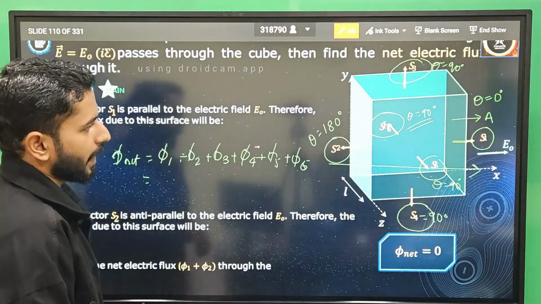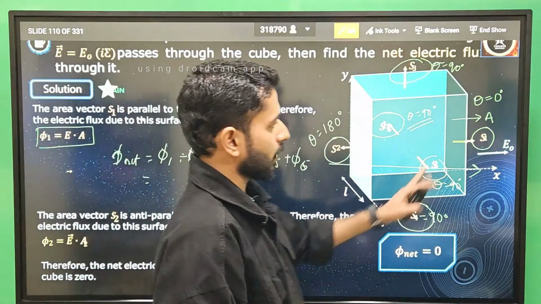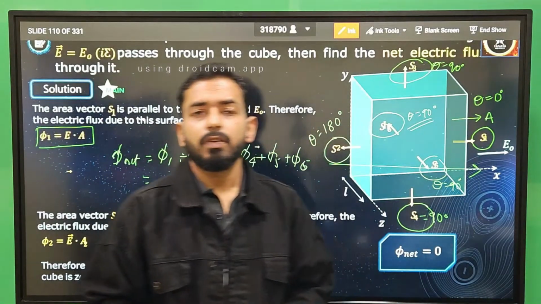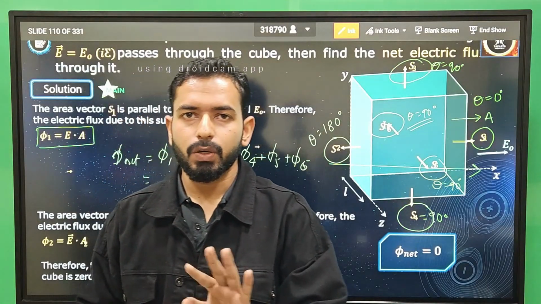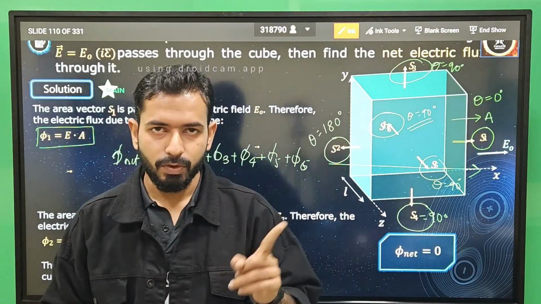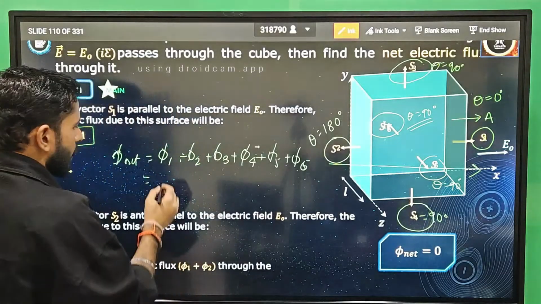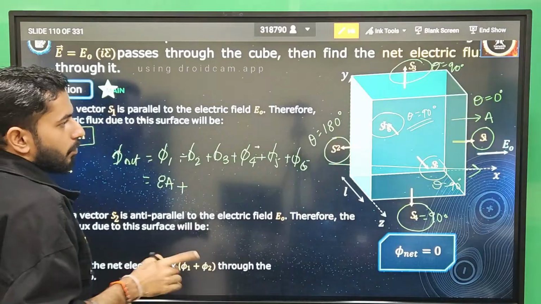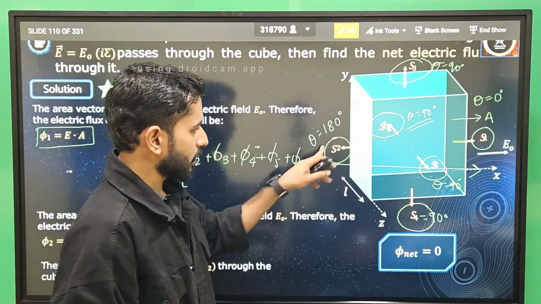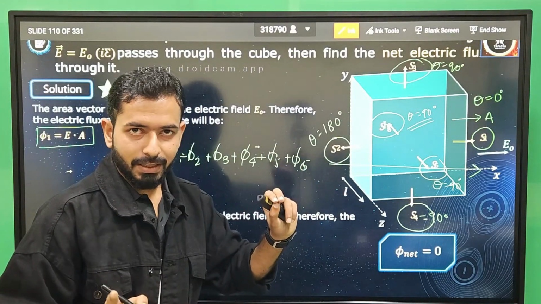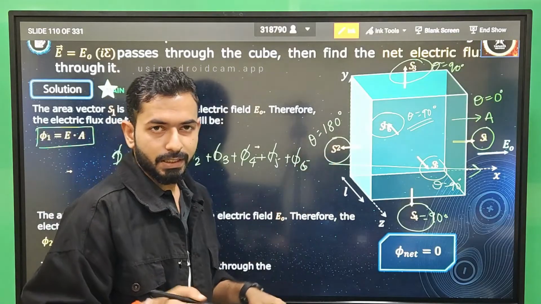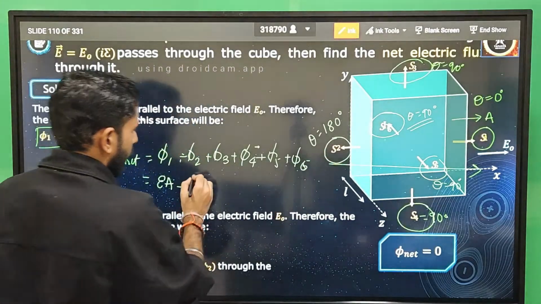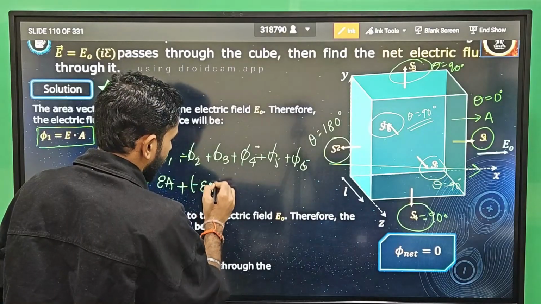Now tell me what will happen with flux due to face 1. Phi 1 will be E dot A into cos 0. Cos 0 is 1, so you will simply write E into A. Forget about the rest of the things. Flux 2, this is surface 2: E dot A will be the same, but theta is equal to 180, so can I say it will have a minus sign? That means minus E into A.